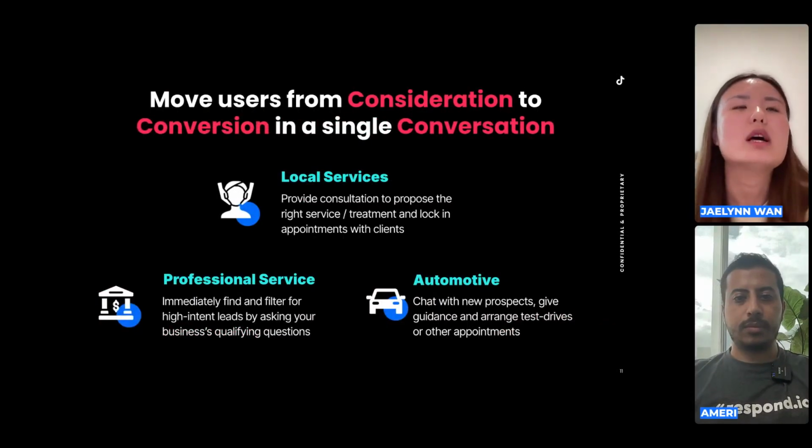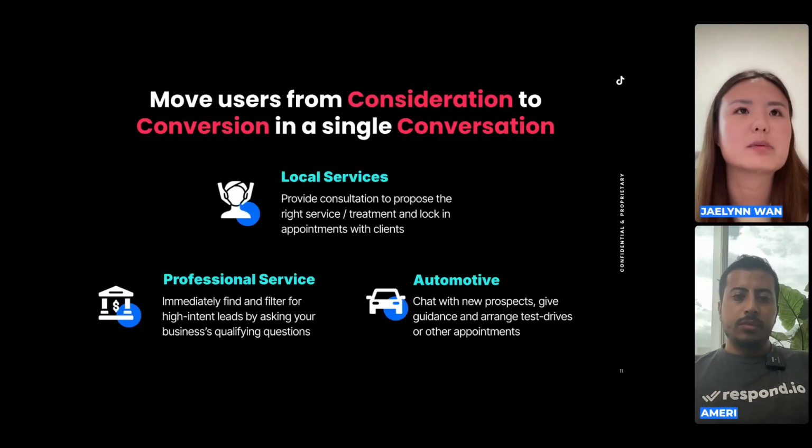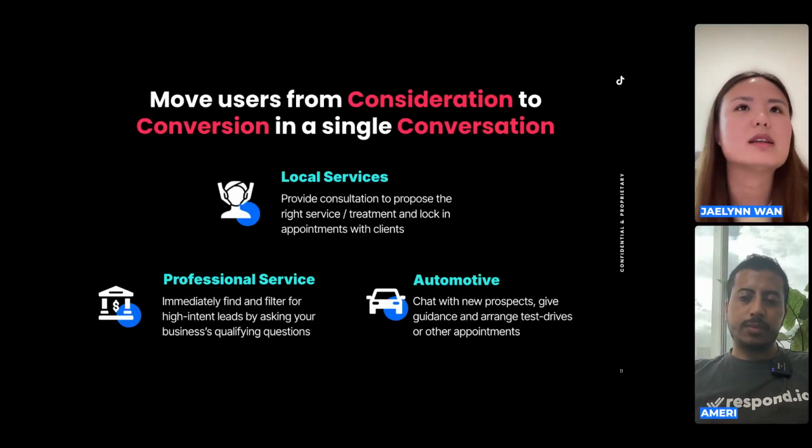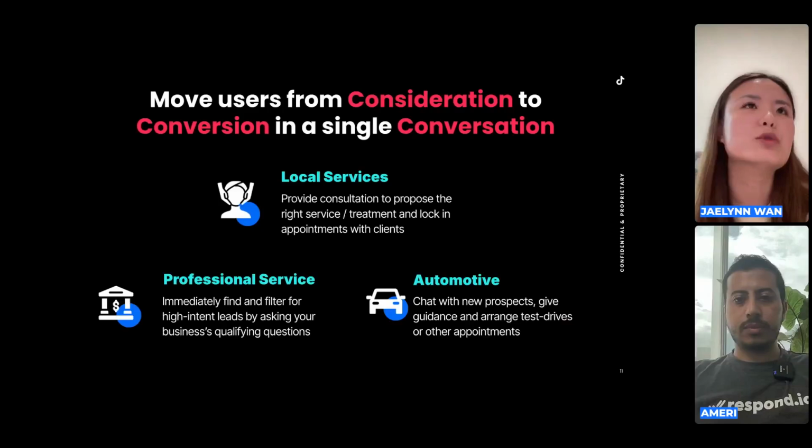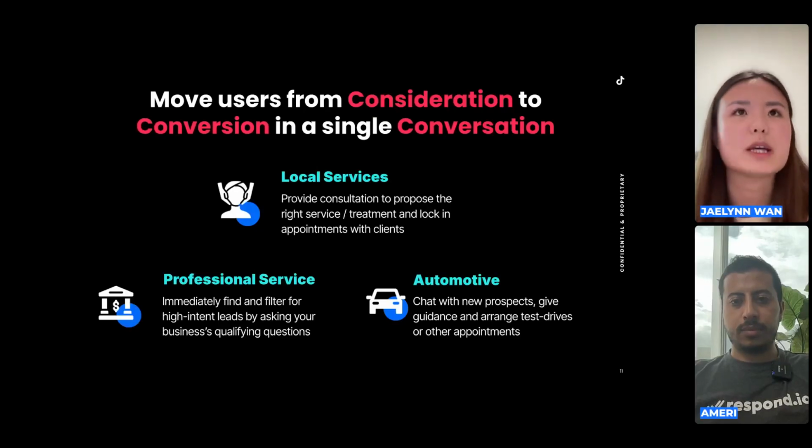Okay, so for this slide, I'm delving further down into some of the specific industries. I understand that there are some businesses here in these specific verticals as well. So it's about how you can move users from consideration to conversion, as well as lastly conversation on the respective apps.